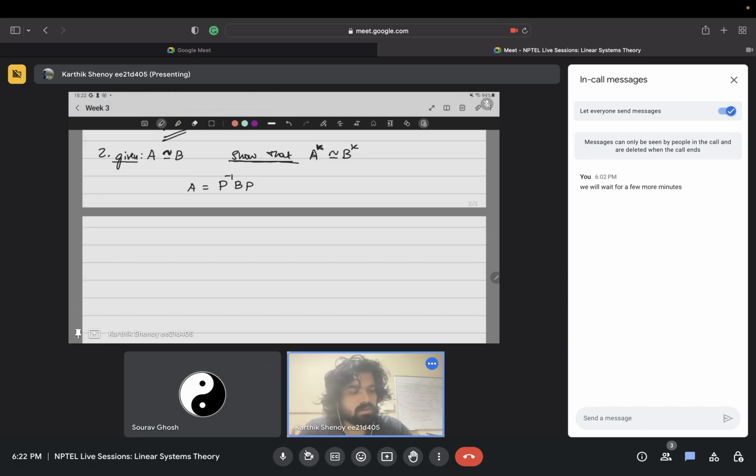Now I'll just take the power. This implies A raised to K is nothing but P inverse BP whole raised to K, correct? Which is nothing but P inverse BP multiplied over and over. Now all this P inverse P will get cancelled.